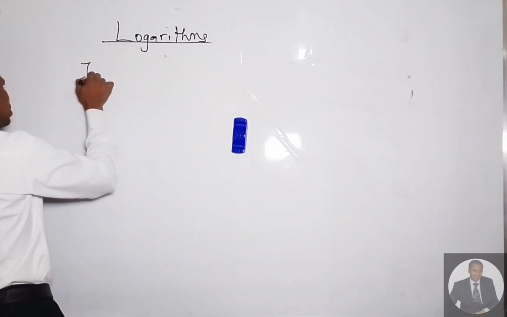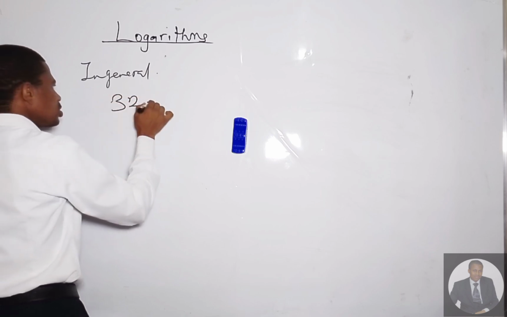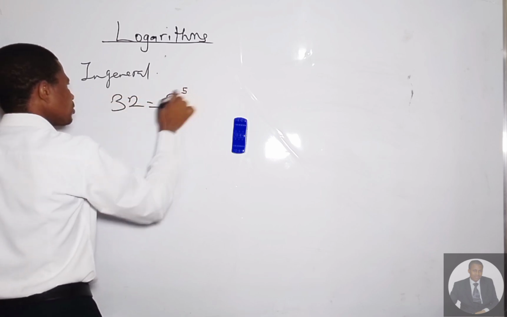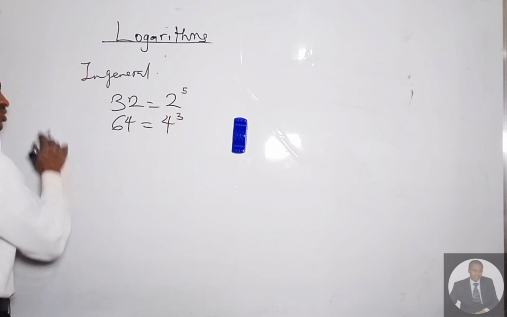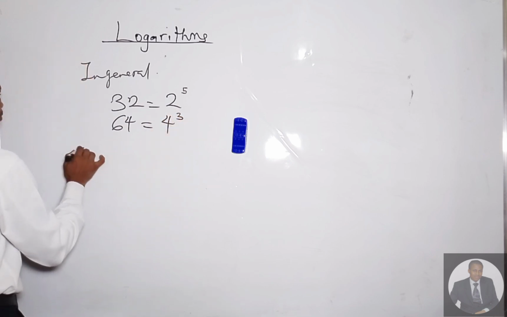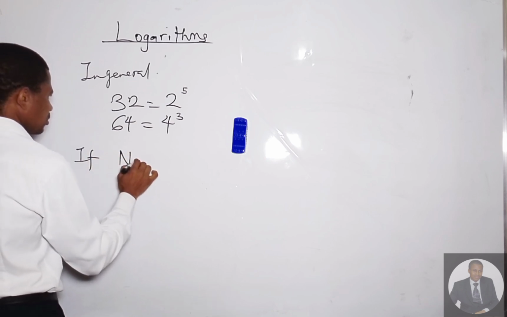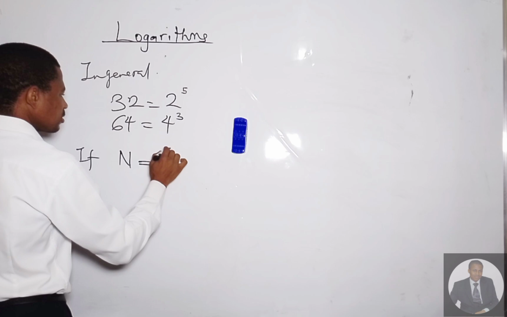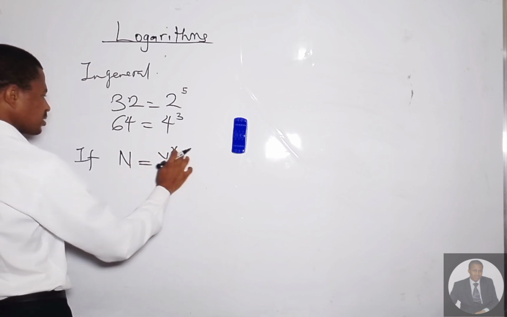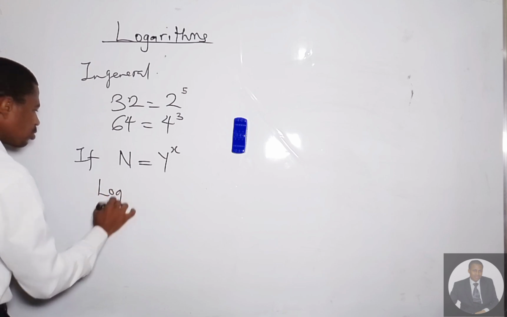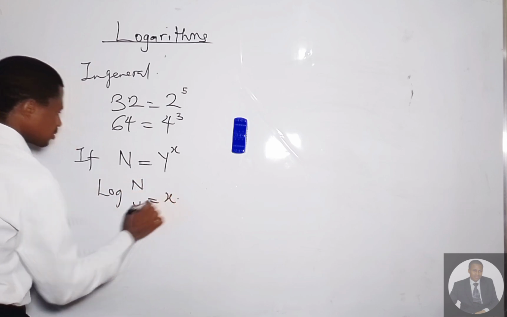Let's look at some questions to buttress what we are trying to say. So in general, since we said 32 is equal to 2 to the power of 5, and we said 64 is equal to 4 to the power of 3, generally if n is equal to y to the power of x, it means that the log of n to the base of y will give us x.